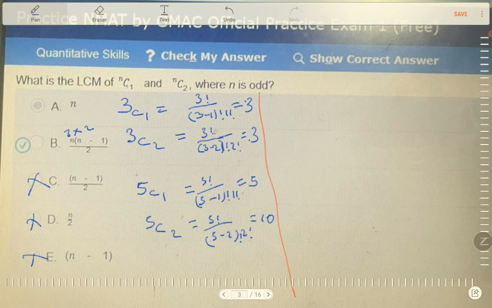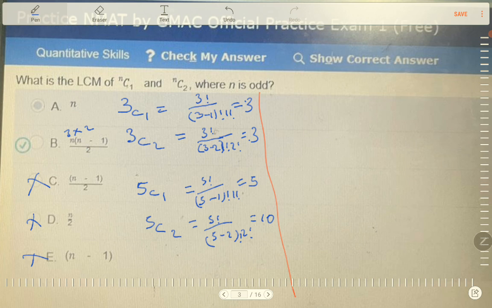Alright, so what is the LCM? That is something that is a multiple of both n combination 1 and n combination 2. So n combination 1 is 5 and n combination 2 is 10. So let's see.